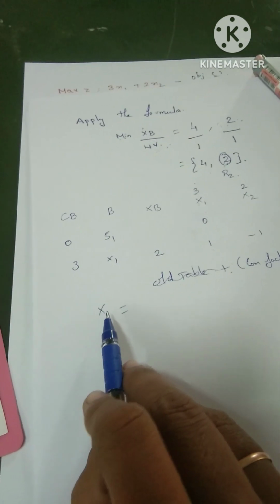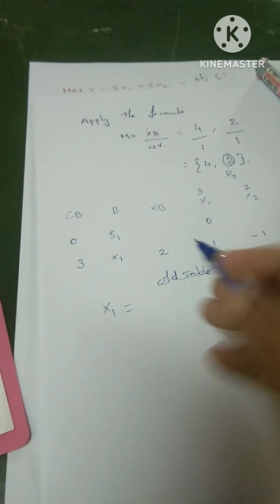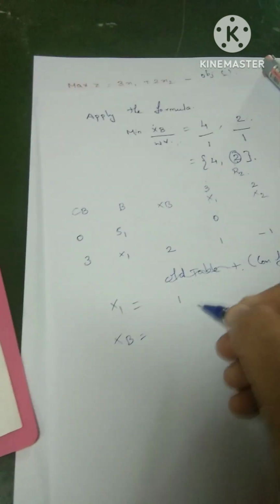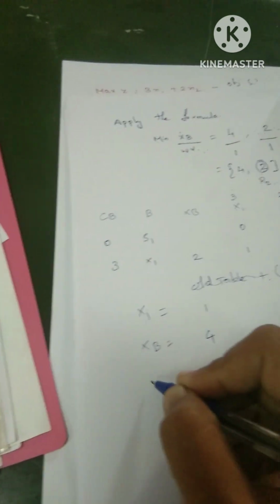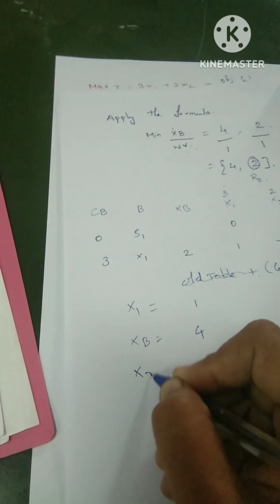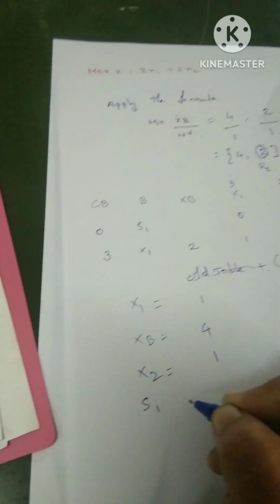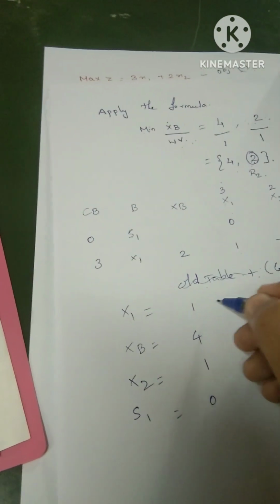So accordingly for x1 we have the old table value as 1. For xb we have the old table, that is the previous table, value 4, and for x2 we have the previous value as 1, and for s1 we have the previous value as 0, which should be added.